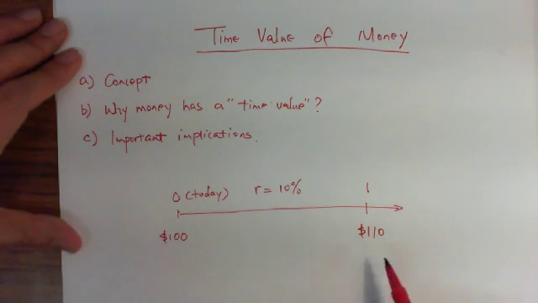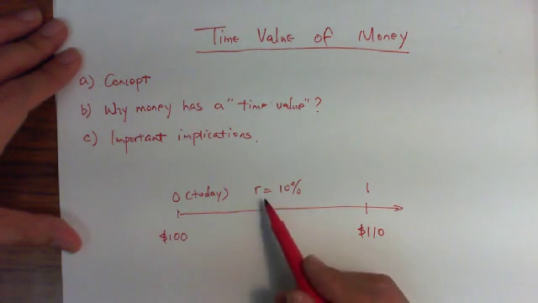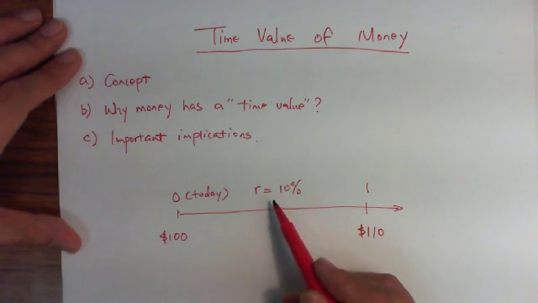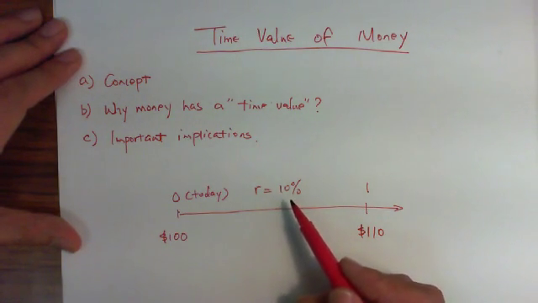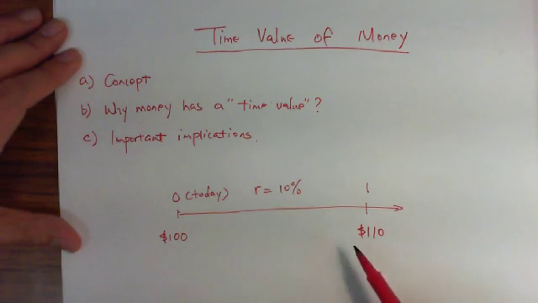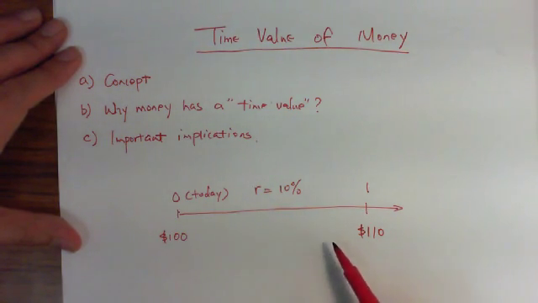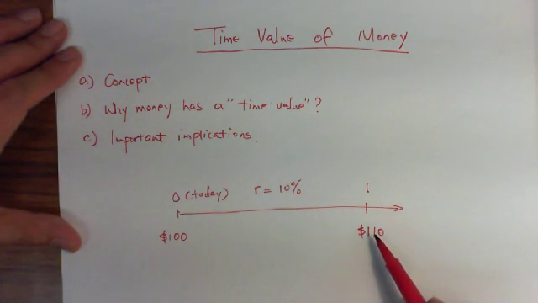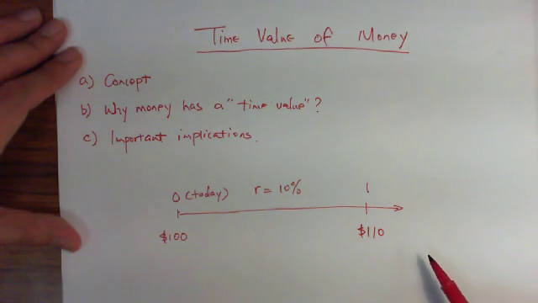In this example, the extra $10 represents 10% of the original $100. So we call it the growth rate of money. Sometimes it is called interest rate. So in this example, the owner wants the money to grow by 10% every period to cover his sacrifice. Now, we can use common sense.